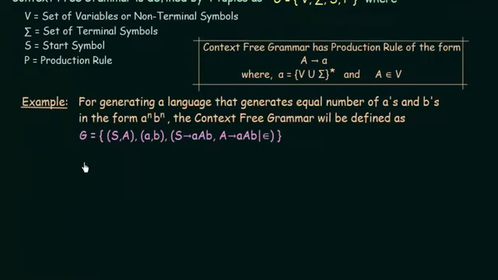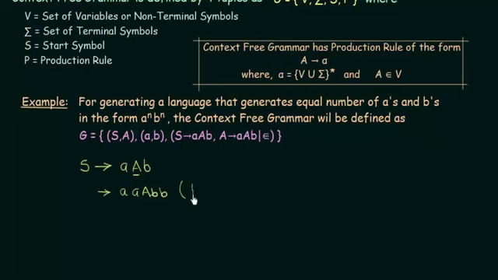Let me start with my start symbol, that is S, and S gives aAb. So using this production I have written S gives aAb. Now we have another production rule which says A gives aAb. So this A over here, I will replace it with aAb. So the a will come down as it is, and this capital A will be replaced by aAb, and this b over here comes down as it is.